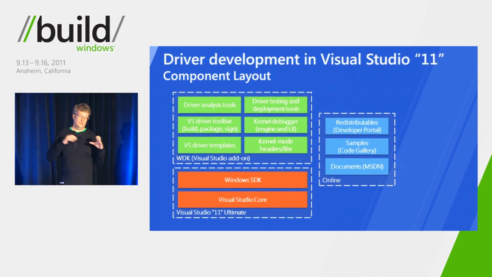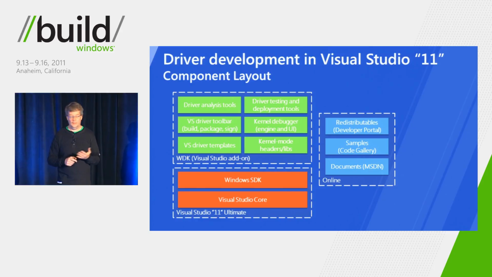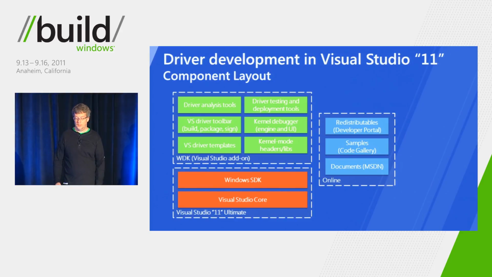And so the leverage here then is Visual Studio at the bottom. The Ultimate version includes a bunch of the basic SDK functionality. Then what the add-on pack for the WDK does is just layer on the pieces that aren't in Visual Studio. So that's things like the kernel mode headers and libs, the driver-specific tools, the new templates.